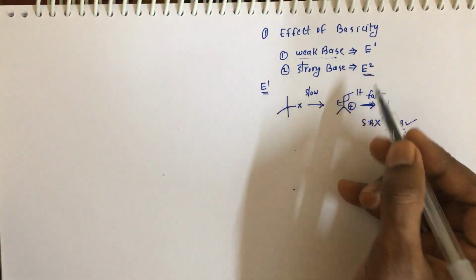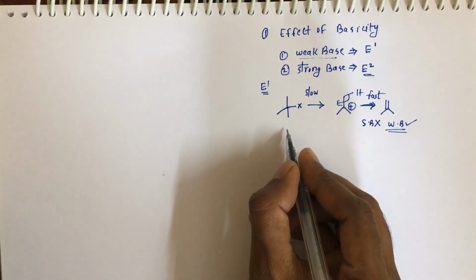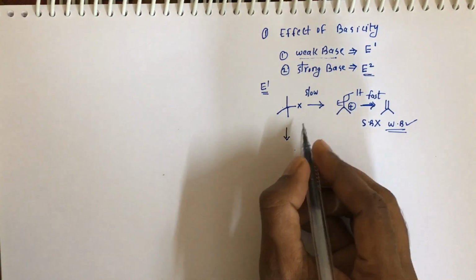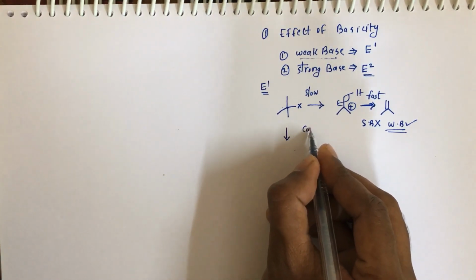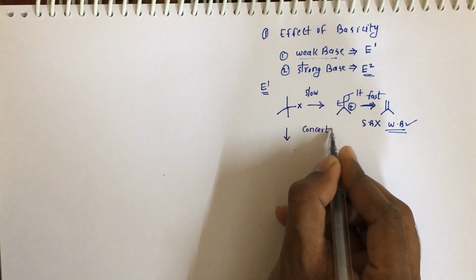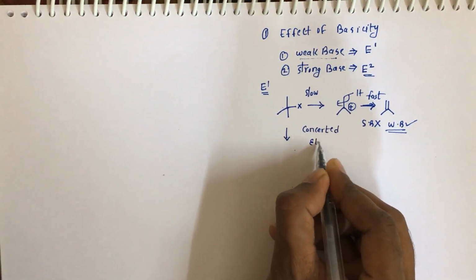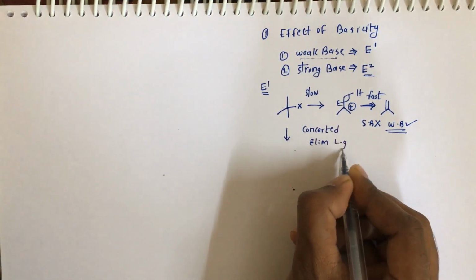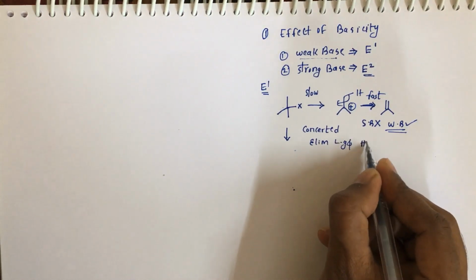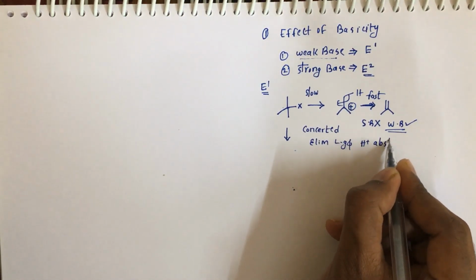Why does E2 require a strong base? In the case of E2, it is a concerted mechanism. That means elimination of the leaving group and proton abstraction both take place in the same step.